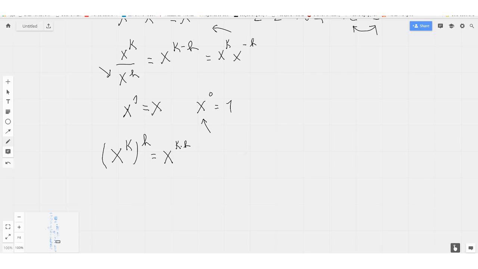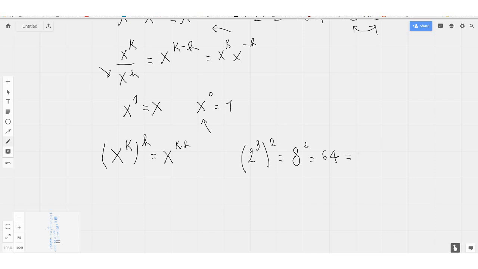Let's look at an example. We have 2 to the power of 3, and then the whole thing is to the power of 2. That would mean 8 to the power of 2, which is 64. So let's try to apply the rule.